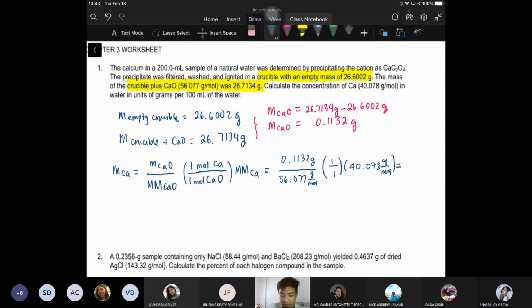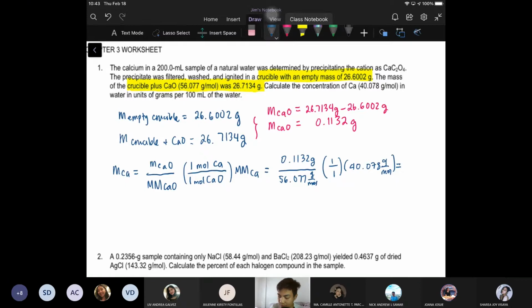So the mass of calcium will be, let's solve. Its mass will be 0.0809. We use 4 decimal places here because all the values have 4 decimal places.